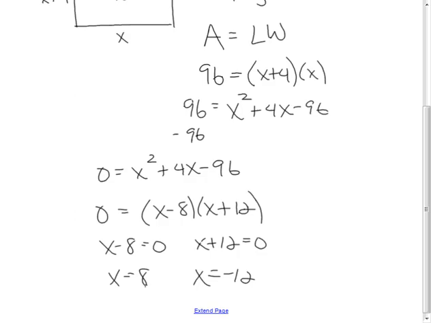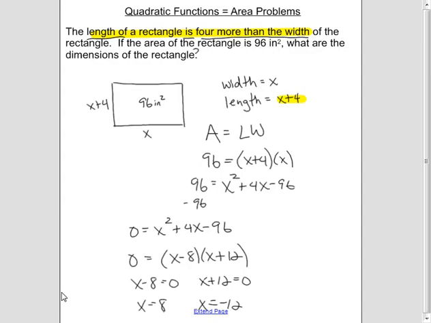You have to apply a little logic here and say, if x represented the width, I can't get a negative width, so having it be negative 12 makes no sense. So we see that x equals 8 here, but the question says, what are the dimensions of the rectangle?